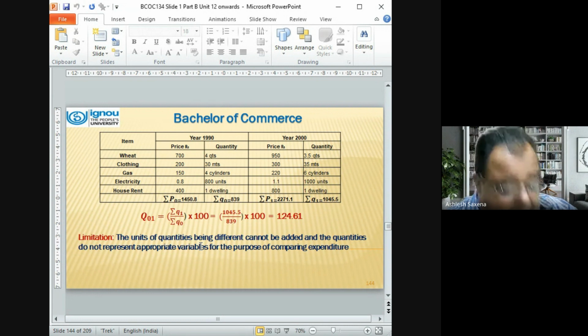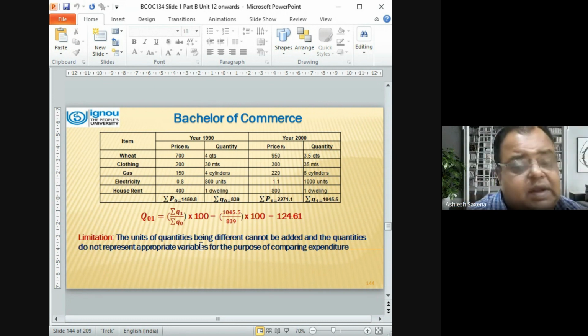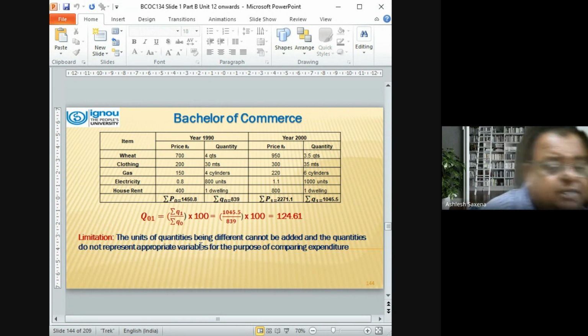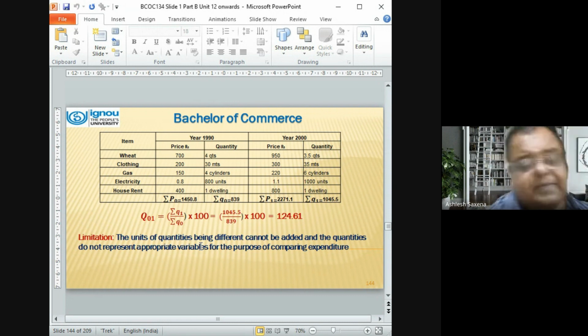Summation Q1 divided by summation Q0 into 100. After placing the values, we get 124.64. That means there is an increase of approximately 24%. Limitation: the units of quantities being different cannot be added, and the quantities do not represent appropriate values for the purpose of comparing expenditure.